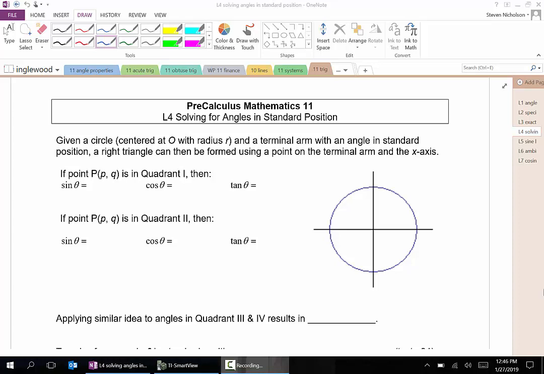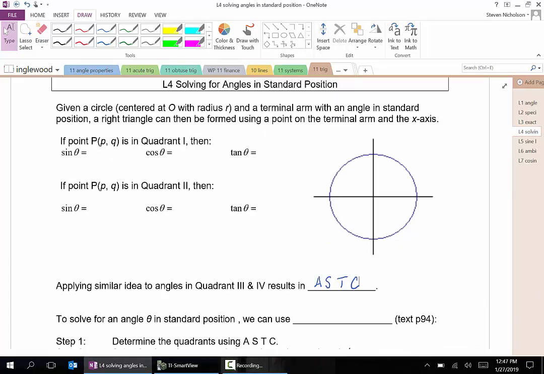If we can solve the reference triangles, we solve for the actual angle. We just have to be careful with the signs. So that was this idea of all students take calculus.